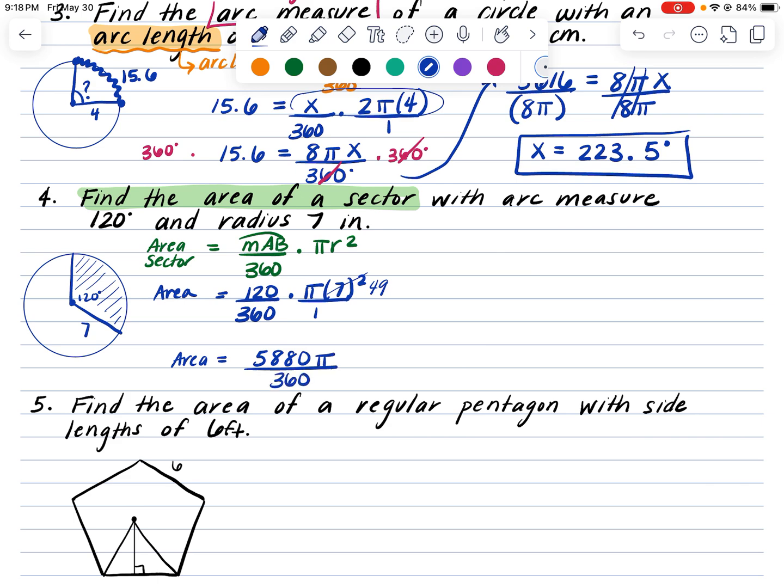And again, I'm going to just go ahead and plug this in. I'm going to round to the nearest tenths. So 5,880 times pi, and then divide that by 360 degrees. And the area of this piece is 51.3 inches squared. Okay, area is inches squared.